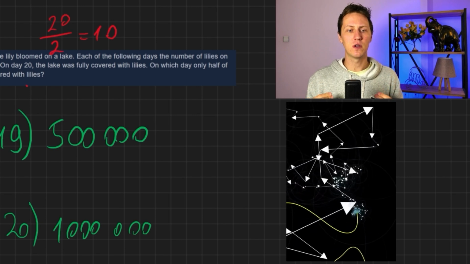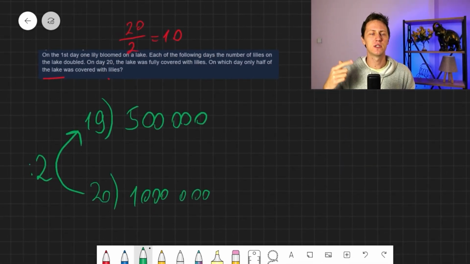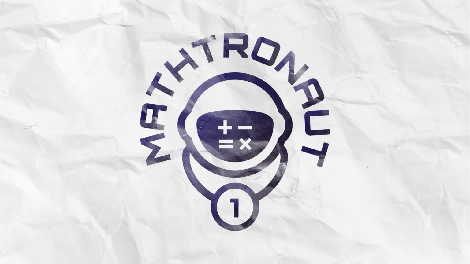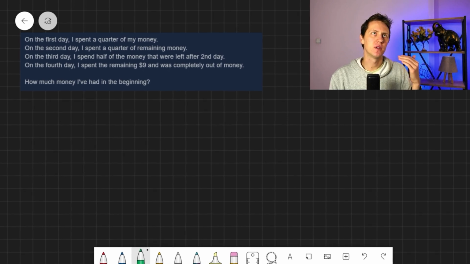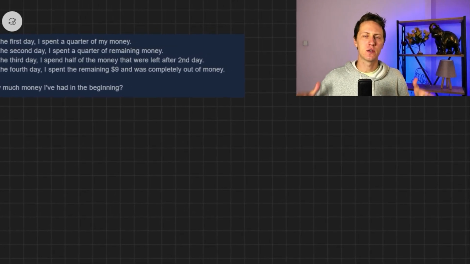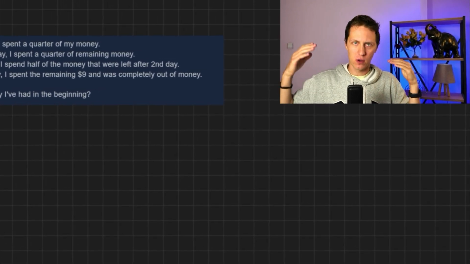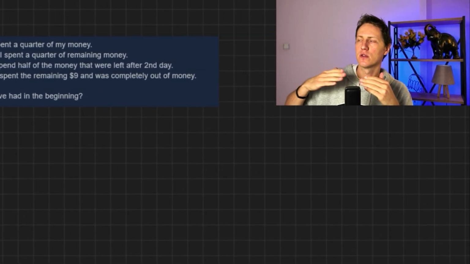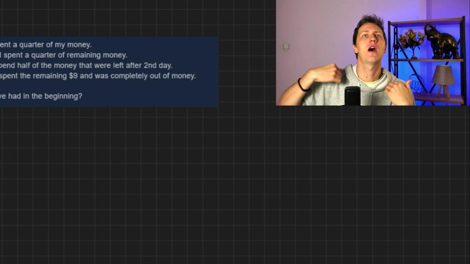Let's proceed to another example of thinking about reversing the task to understand it better. While the first task was not so obvious, it was about growing lilies, and lilies were doubling every day, and you would have to somehow figure out that you have to reverse, because on the 20th day you had a full lake, on which day did you have only half a lake?